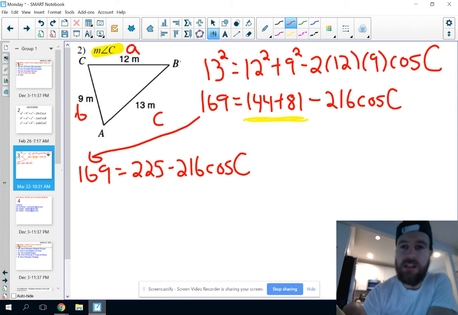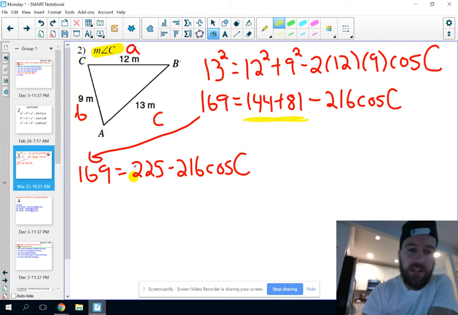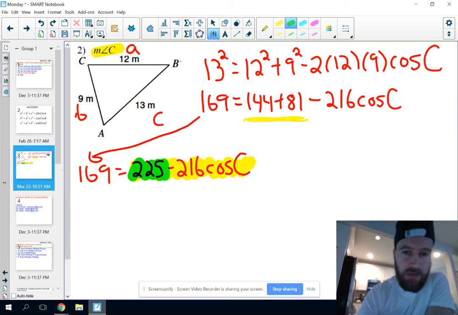The biggest mistake in finding missing angles is this next step. What a lot of students will do is they see 225 minus 216 and they subtract that and call it 9 cosine of C. But these two terms, the 225 and the 216 cosine of C, are not like terms, so they can't be combined like that. One's a constant, one has a variable with it.